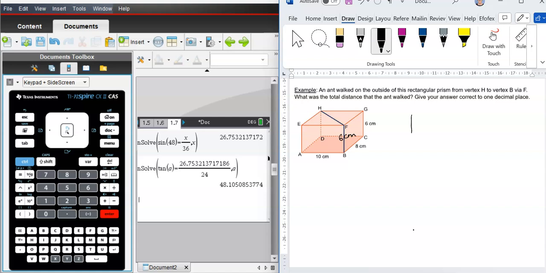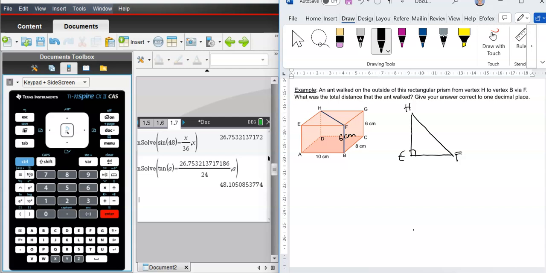So it's up to you, depending on what information you are given in the question. It may be a Pythagoras question, or it may be a trigonometry question, or it might be a combination of both.